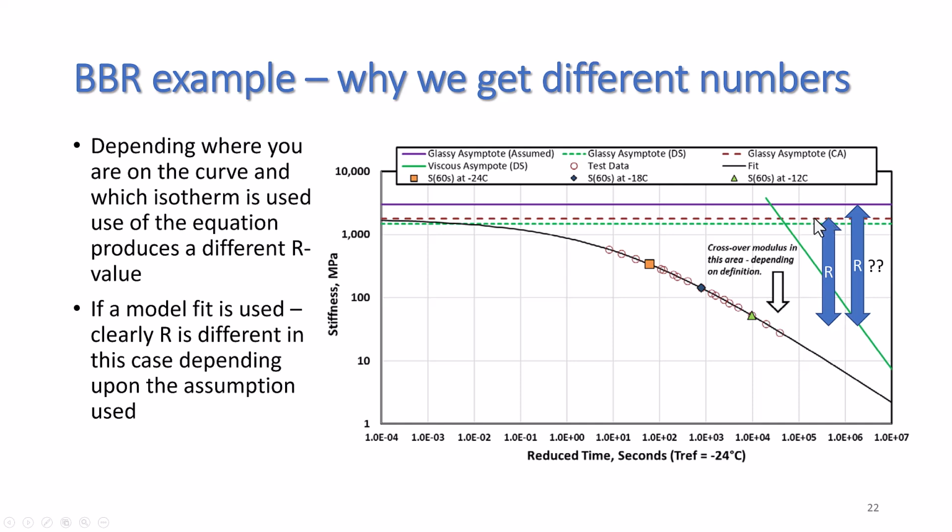If you use the model fit, you would use this as the R value. If you use the assumed, you'd use this as the R value. And each of those numbers become different now depending on the assumptions that you have. And this is why the R value as proposed by 959 really doesn't work.